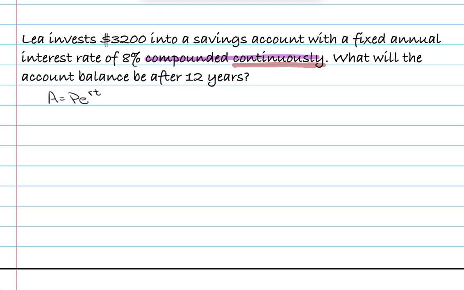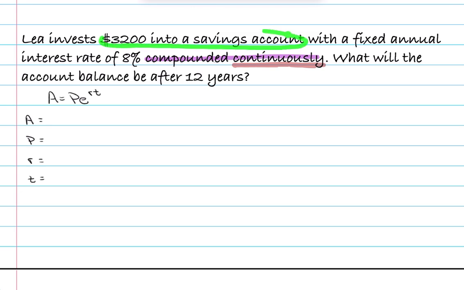Okay, I'm going to do the exact same thing I did on the last problem. So I'm going to write out my shopping list, A, P, R, T. Remember, E is a natural log number, so that is its own specific number. So we don't have to worry about what that value is. It'll be in our calculator. All right. So going through our problem again, Leah invests $3,200 into a savings account.